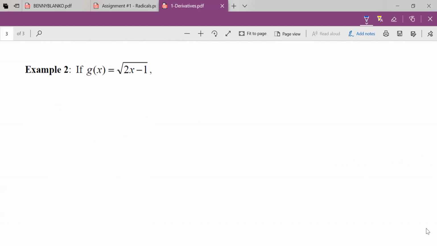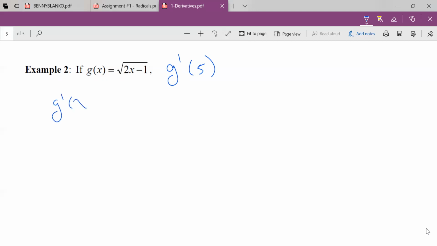Okay, so here's g at x. Let's find the derivative of this thing. Again, I can use either formula I want. Let's find, I don't know, what's going to make numbers easy here? 5. Okay, let's find g prime at 5. So what I'm going to do on this one is the other method.